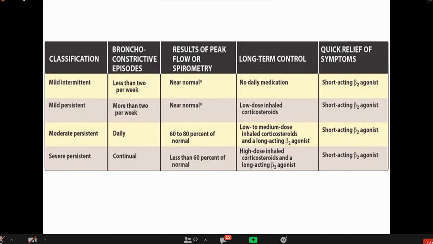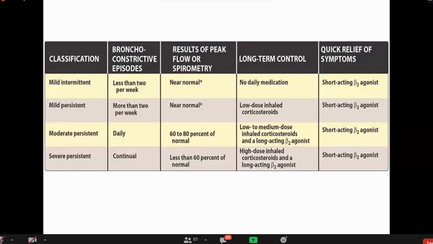Then methylxanthine. Nowadays, methylxanthine is not being used. In the past, methylxanthine was the drug of choice as a prophylactic drug. But because this group has a low therapeutic index, that means the difference between the effective dose and lethal dose is small.